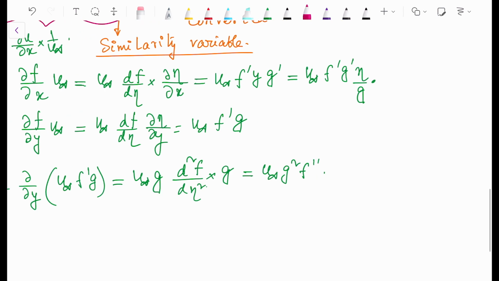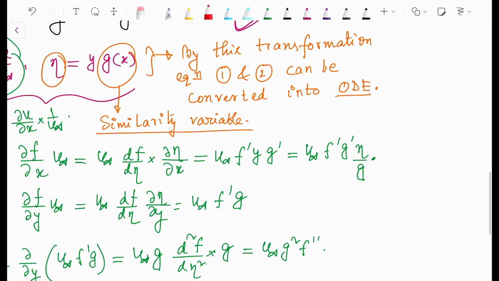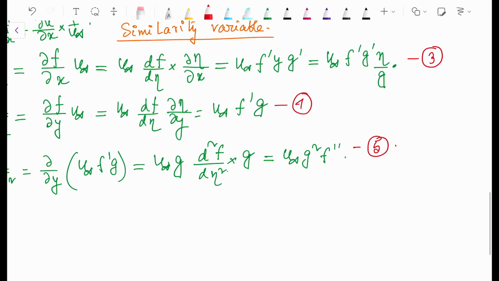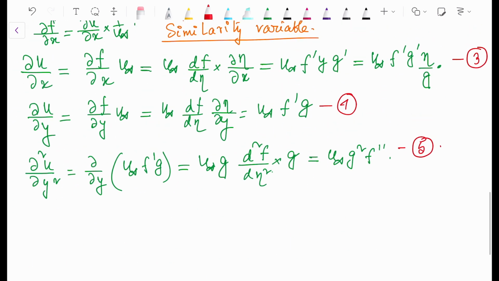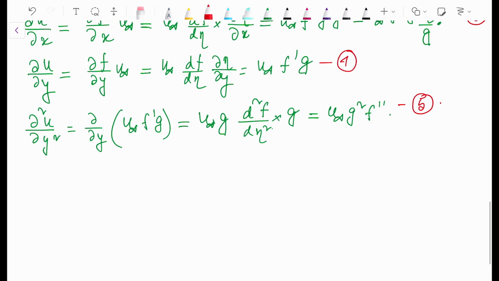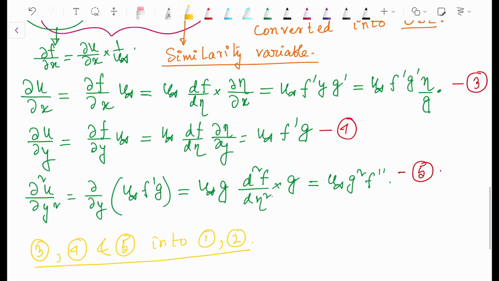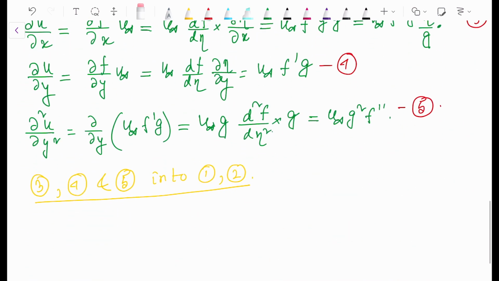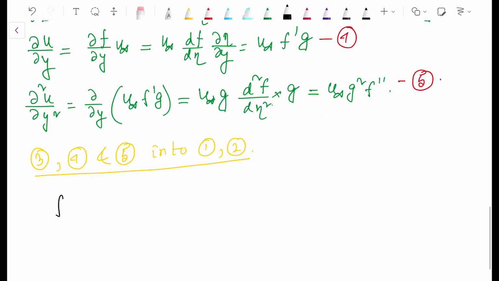So let me number these equations as 3, 4 and 5. Now let me substitute 3, 4 and 5 into 1 and 2. If I do this, u is f into u infinity.